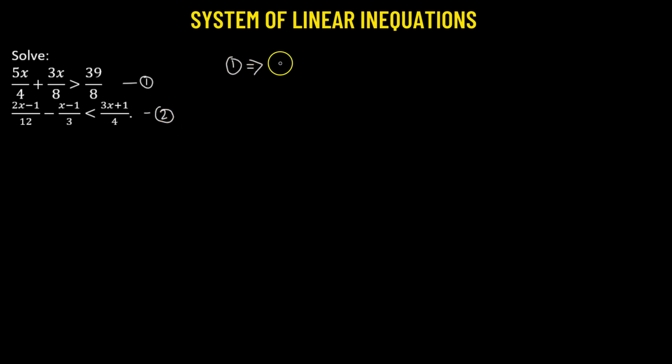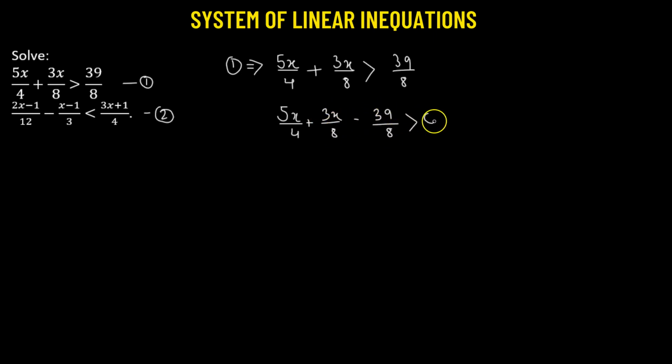Here we are given 5x divided by 4 plus 3x divided by 8 is greater than 39 divided by 8. Now we'll transpose 39 over 8 to the left hand side. That gives us 5x over 4 plus 3x over 8 minus 39 over 8 greater than 0.